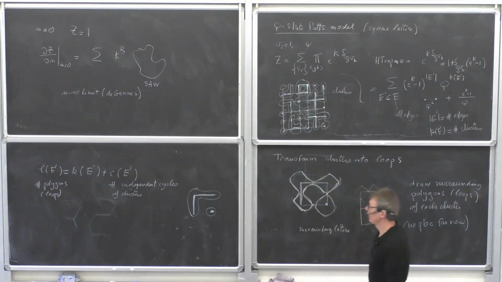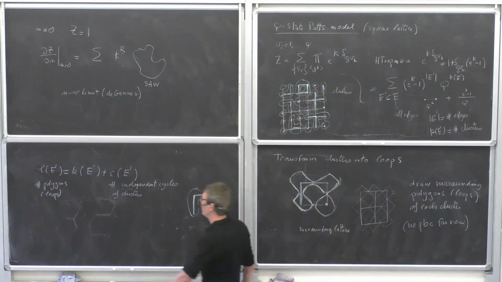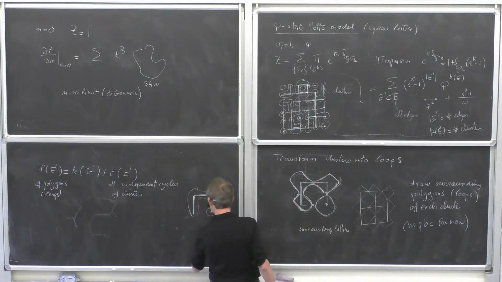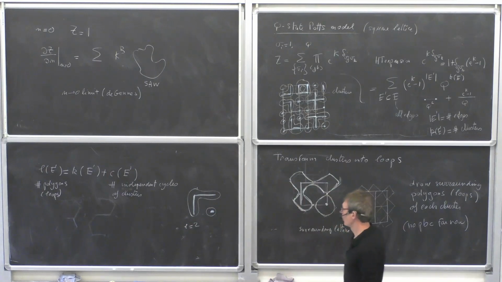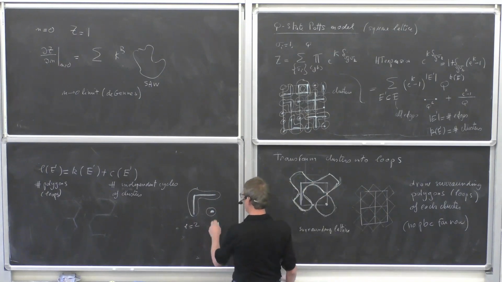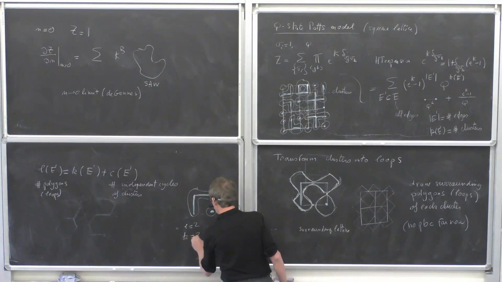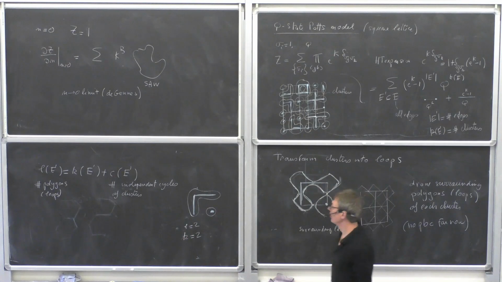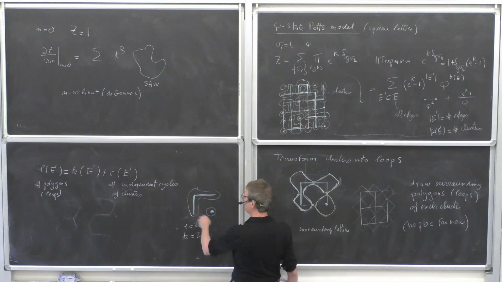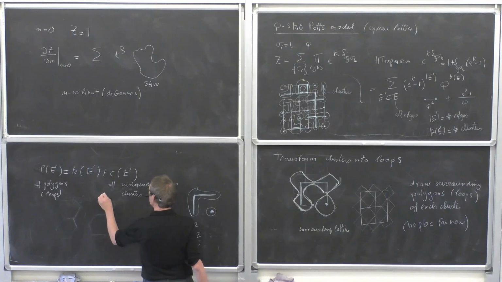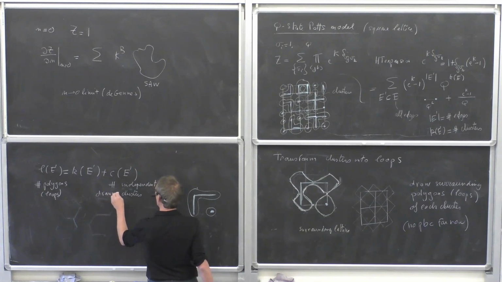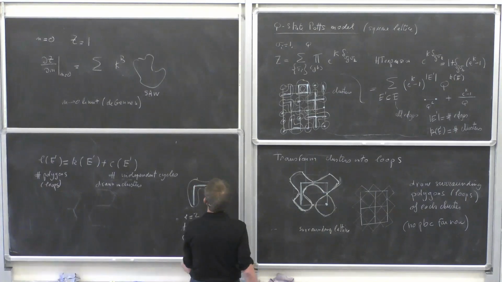Okay, so this is a diagram where I have two loops. How many clusters do I have? One cluster, another cluster, two clusters. How many cycles do I have inside the clusters? 0. Independent cycles, or I should say, drawn on the clusters. Okay. So that's one example.